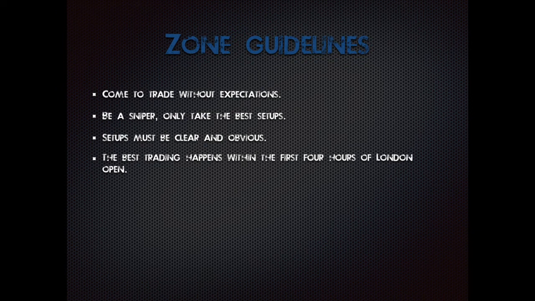The thing that you're trying to trade off is the perceived high or the low of the day. Because once you identify the low or the high of the day, guess what? You're going to be trading in line with the market maker, while everybody else is trying to trade against them.